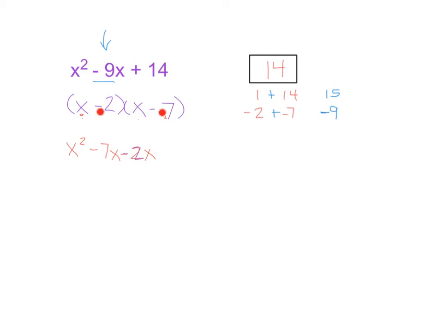And the last terms, negative 2 times negative 7. Negative times negative is positive, and 2 times 7 is 14. Now if I combine my like terms, I will get x squared minus 9x plus 14, which is, again, the expression we started with.